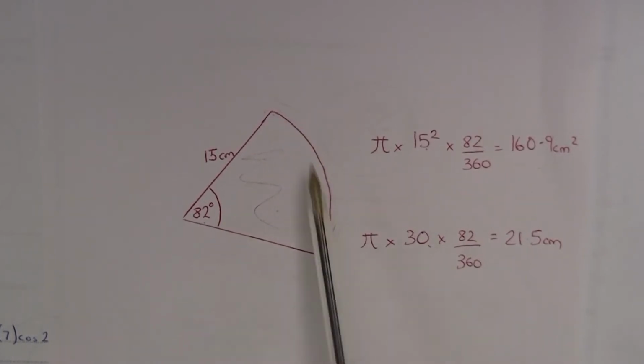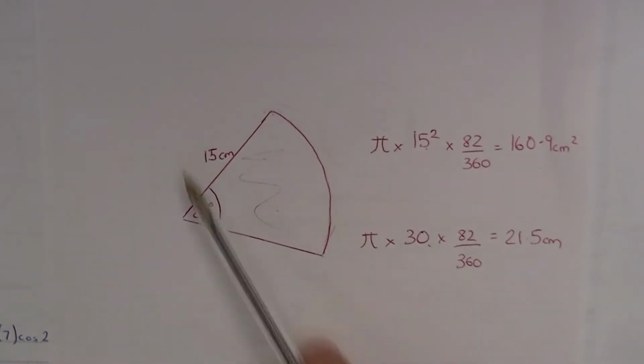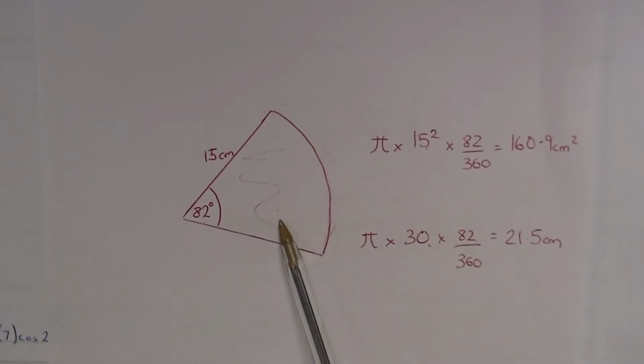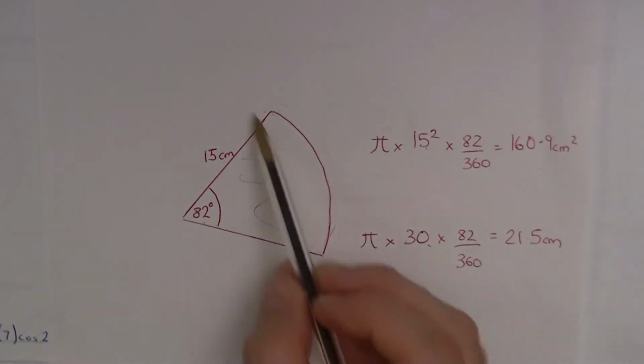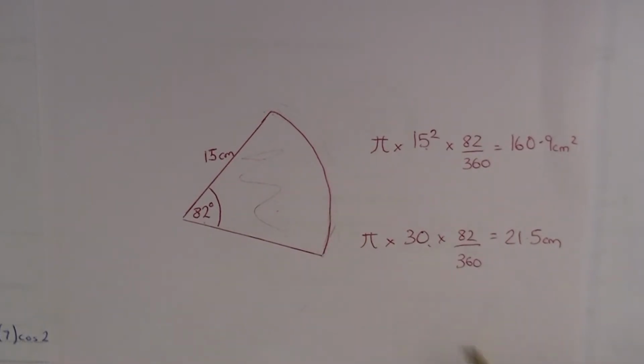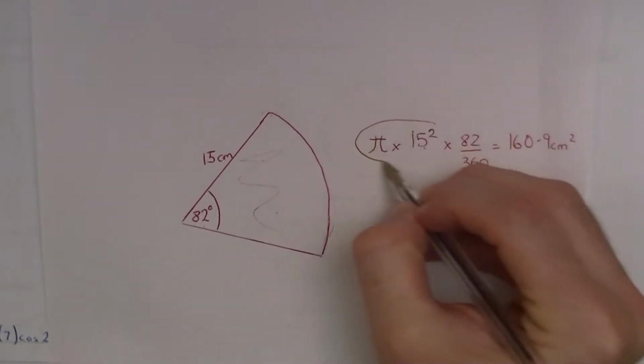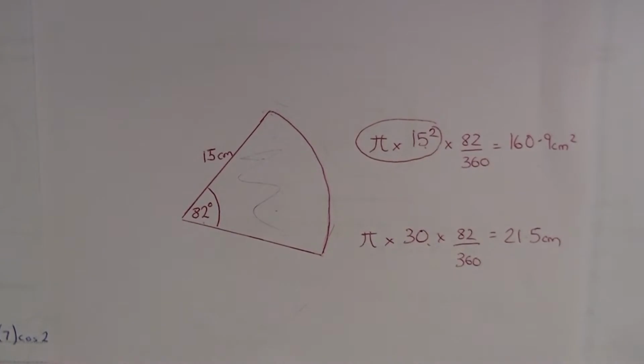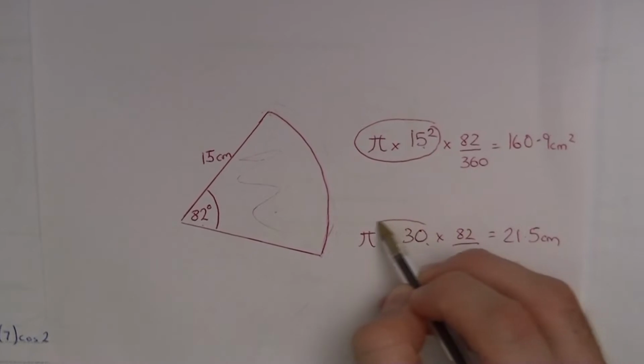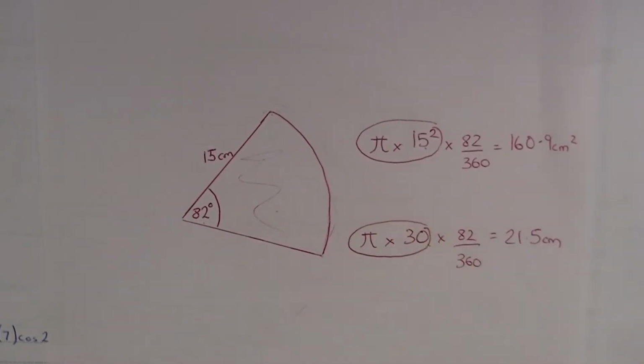So an arc is part of the circumference of the circle, and a sector is part of the area of the circle. If I thought of this as a whole circle, working out the area, it would be pi r squared. The circumference of the circle would be pi times the diameter, double the radius. So pi r squared, pi d.